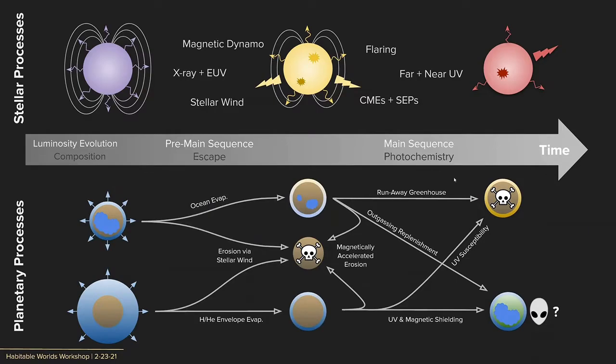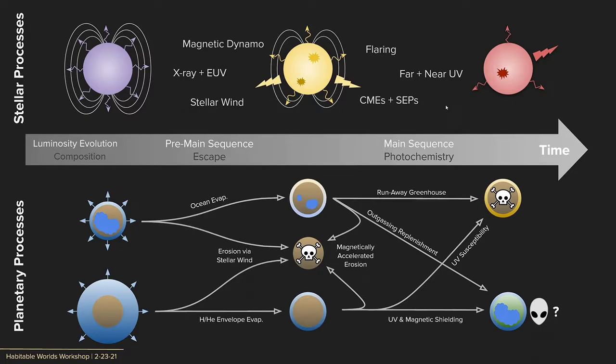Now, later on in the planet's life, the main thing that's dictating the composition of the atmosphere would be photochemistry and less intense particle interactions than we usually see with escape.